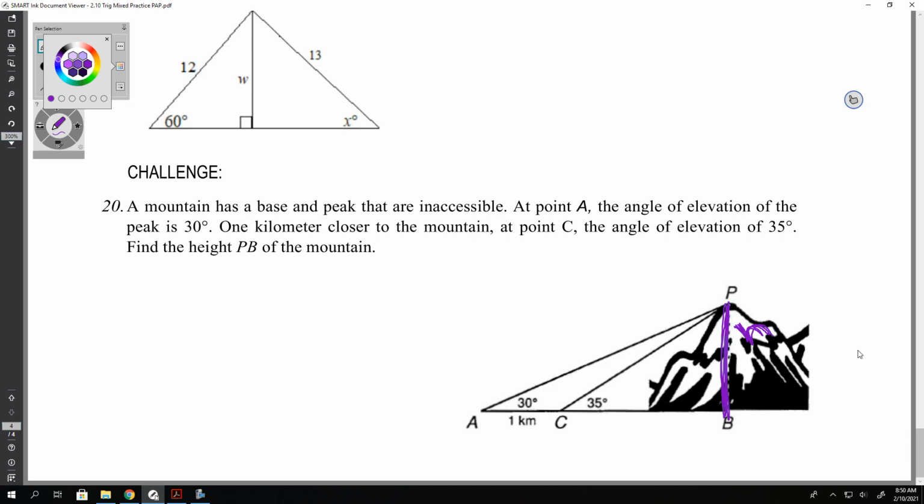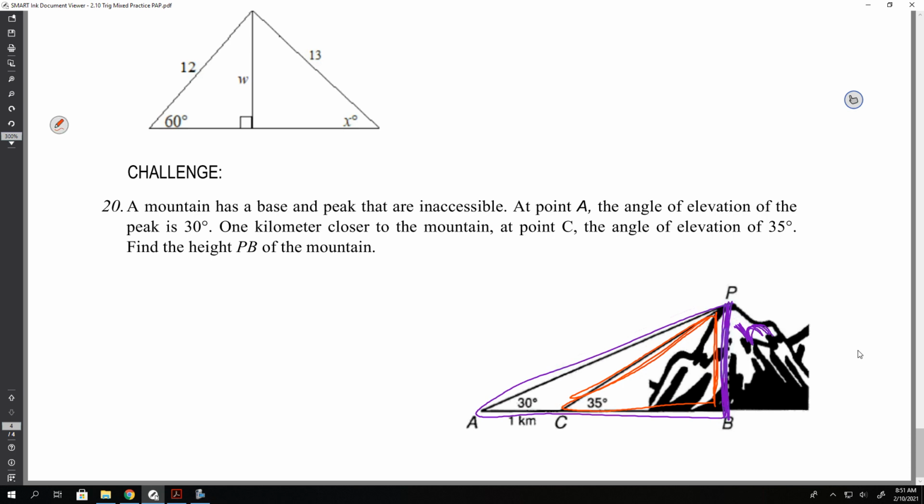Okay? H for height. And then we got to look here. We have 2 right triangles going on. We have the big one that goes further out. And then we also have the smaller one that goes less far. So you're going to need to come up with some equations here, and there's going to be some algebra you're going to have to do to figure it out.